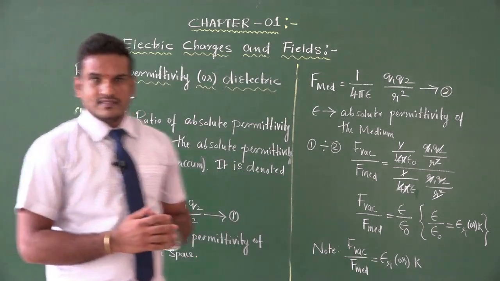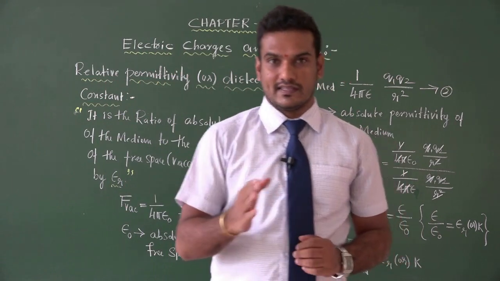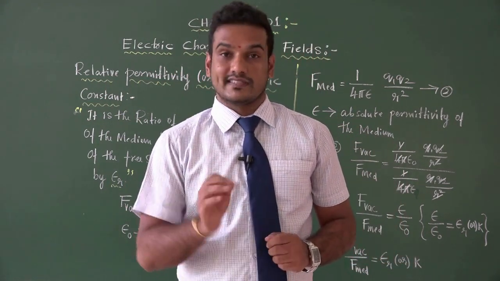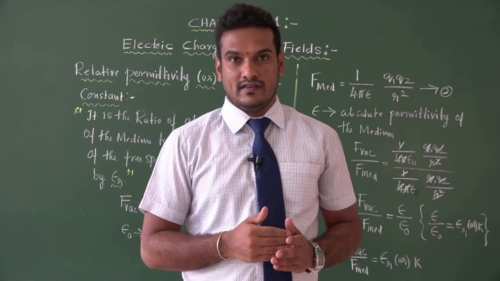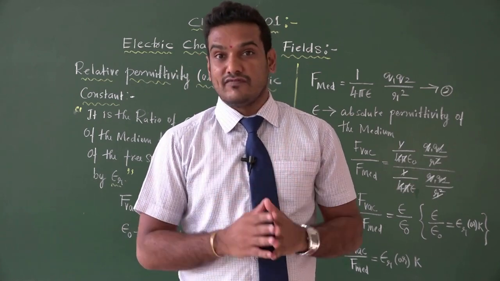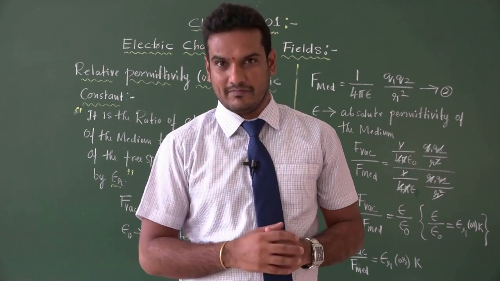When two charges, say Q1, Q2, are placed in any medium other than air, the force between them is greatly affected. The force that we get when they are placed in an air medium, we won't get the same force when they are kept in any medium other than air.